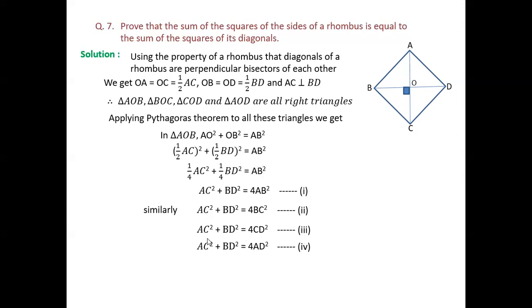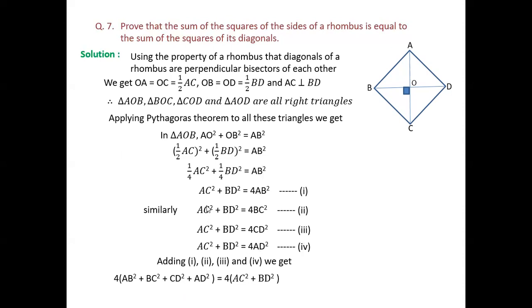Now, if you see these four equations, AC square plus BD square is the same on the left in all four, and on the right we have 4AB square, 4BC square, 4CD square, and 4AD square. So let us add all four. Adding 1, 2, 3, and 4, we get 4 times AB square plus BC square plus CD square plus AD square, since 4 is common from all these.